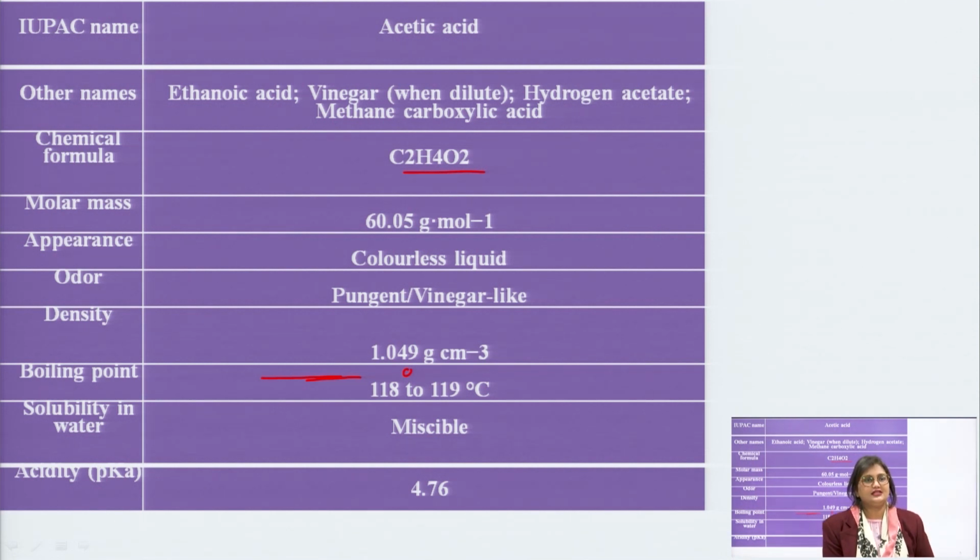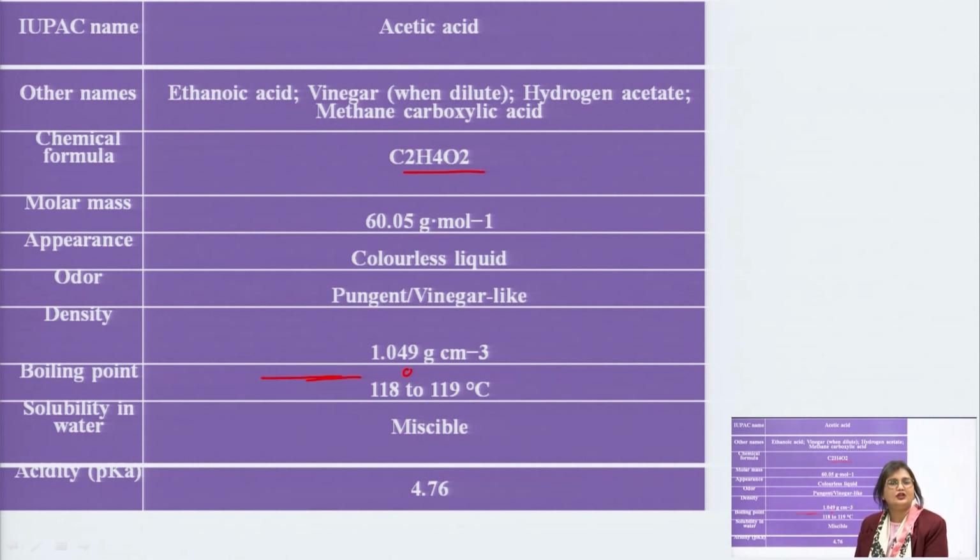It has a density of 1.049 gram per centimeter cube. The solubility in water: acetic acid is thoroughly miscible in water. It has an acidity or pKa value of 4.76.